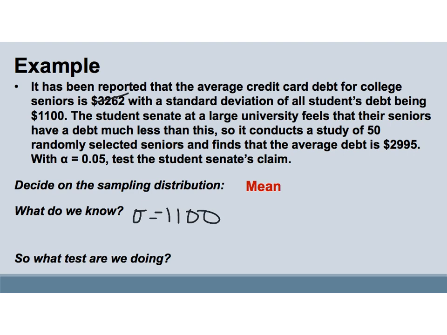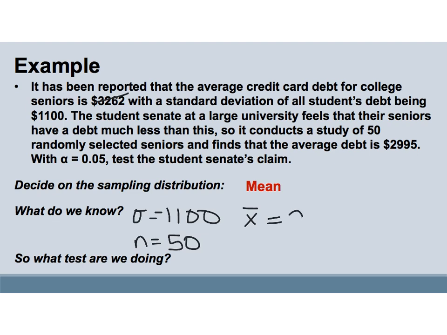The student senate thinks it's less, so it conducts a study of 50 randomly selected seniors, so n equals 50, and finds an average debt of $2,995.